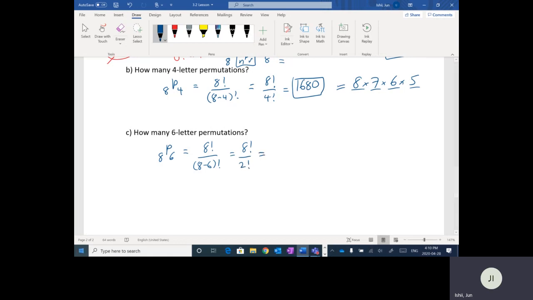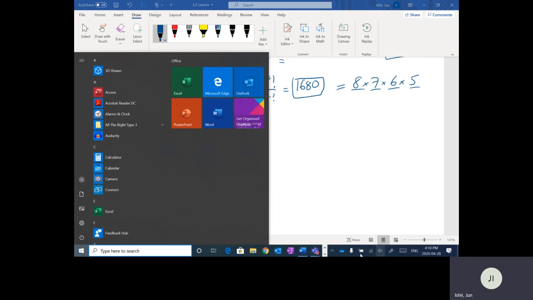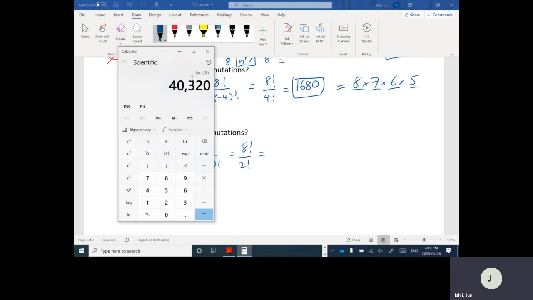Because what I found is with this calculator that comes with Windows, there's no pick option on here. So I'm going to have to do it this way. So 8 factorial divided by 2 factorial, just 20,160.